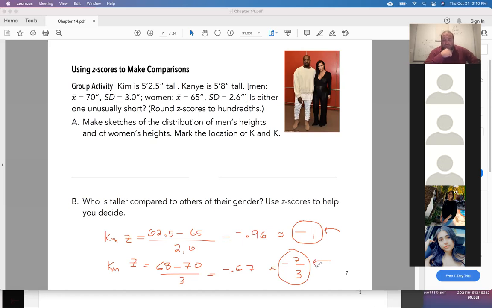Kanye is only 2/3 of a deviation down. Okay, I see. So Kim is more deviations below the mean than Kanye is by a full third of a deviation. Therefore, when looked at in the context of her own gender, she is shorter than he is. Does that make sense? Yeah. Okay.